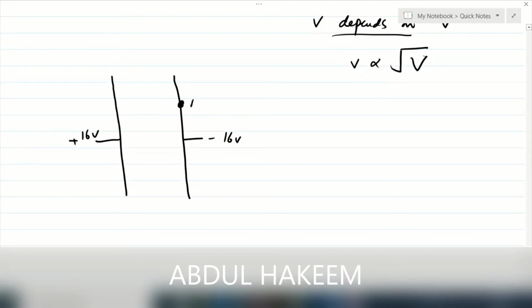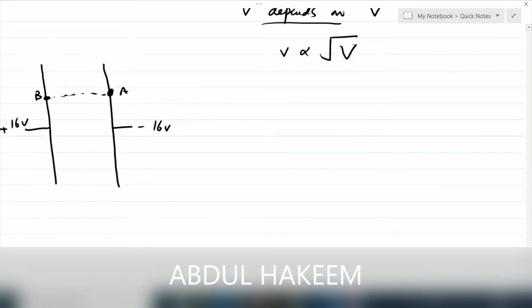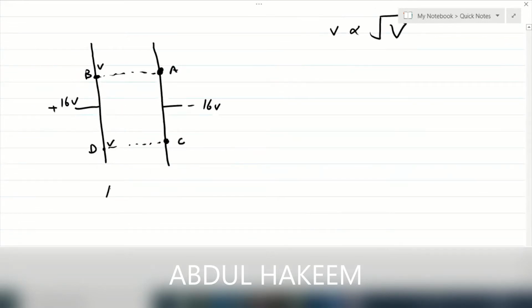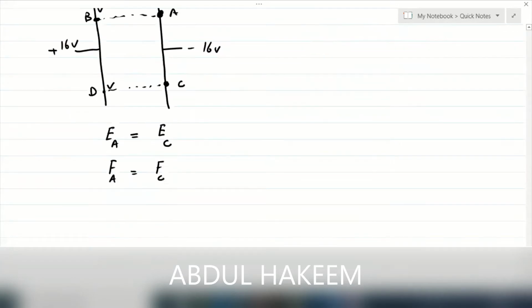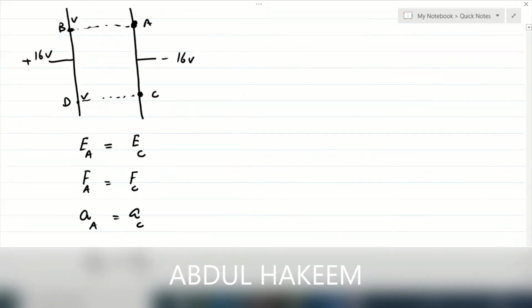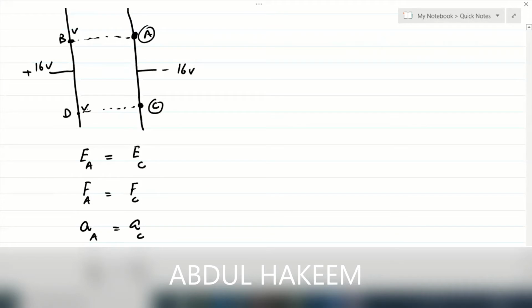An electron is ejected from point A and it hits the anode at point B. Now, an electron is ejected from point C and it hits the anode at D. The speed will be the same because the electric field strength at A is exactly equal to the electric field strength at C. Force experienced at A is exactly equal to force experienced at C, so acceleration at A equals acceleration at C. So the final speed at B is exactly the final speed at D. The electrons ejected from A and from C will hit the anode at B and D with the same speed, because all physical quantities are the same.